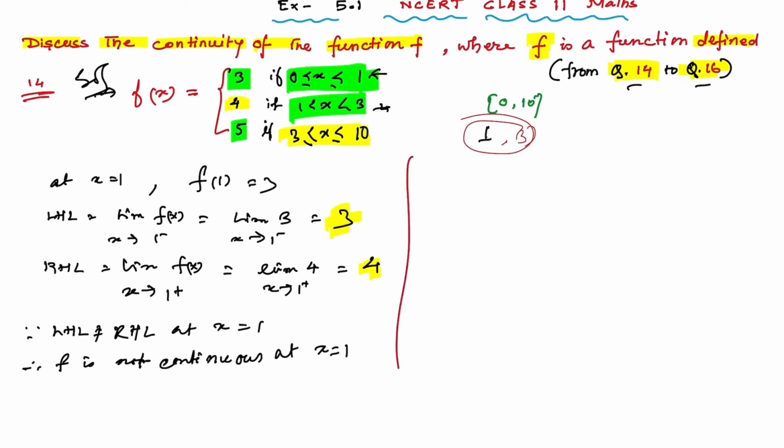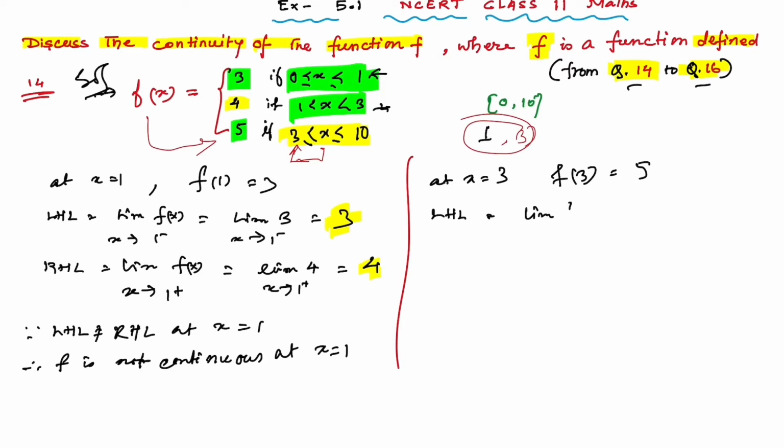And at x is equal to 3, f of 3: if you see the third case, for x greater than or equal to 3, the value of the function is 5. So we have to write f of 3 is equal to 5.